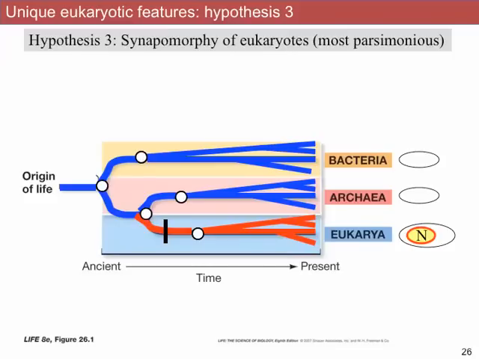Now, the number one reason I'm talking about this is to get you to understand that there are many features that we will talk about that bacteria and Archaea share in common. In many cases, it's the absence of something and the presence of something in eukaryotes. Bacteria and Archaea look a lot alike. They have many features in common.